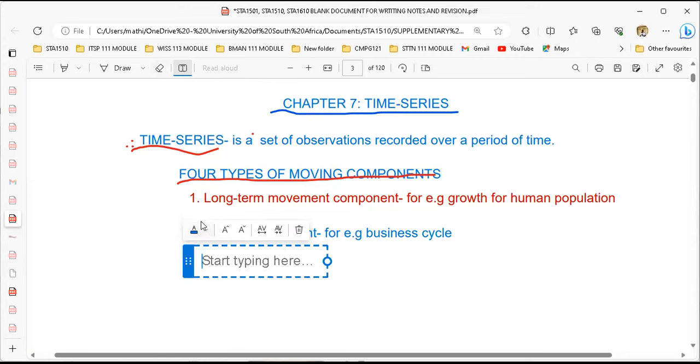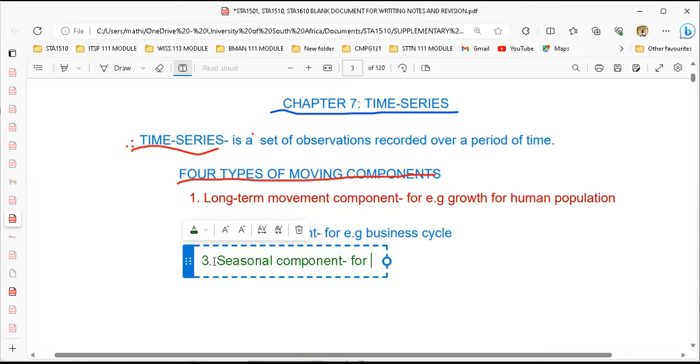Number 3, we can talk about the seasonal component. For the seasonal component, you can talk about seasonal weather, the holidays, and a lot of things as long as it has the word seasonal component.